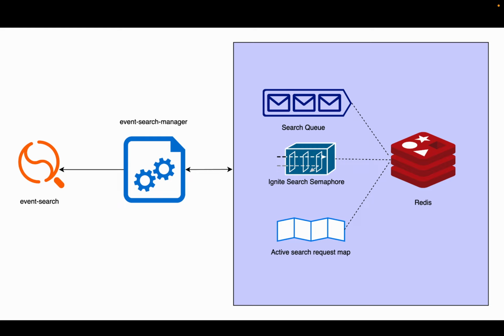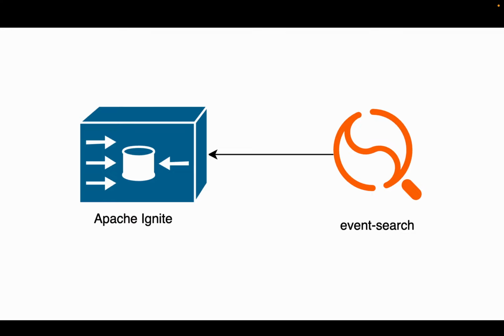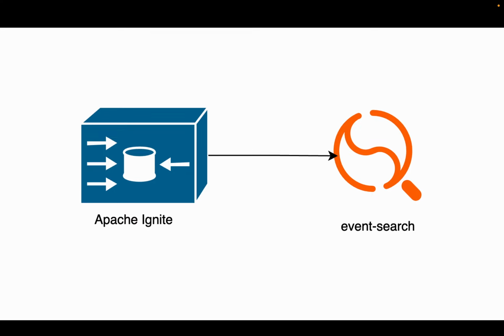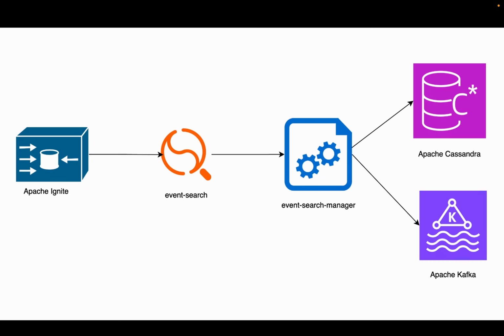We also track active search queries per user, and we use Ignite Search Semaphore to prevent users from sending multiple parallel requests simultaneously. Queries are processed and sent to Event Search, which communicates with Apache Ignite to retrieve results.